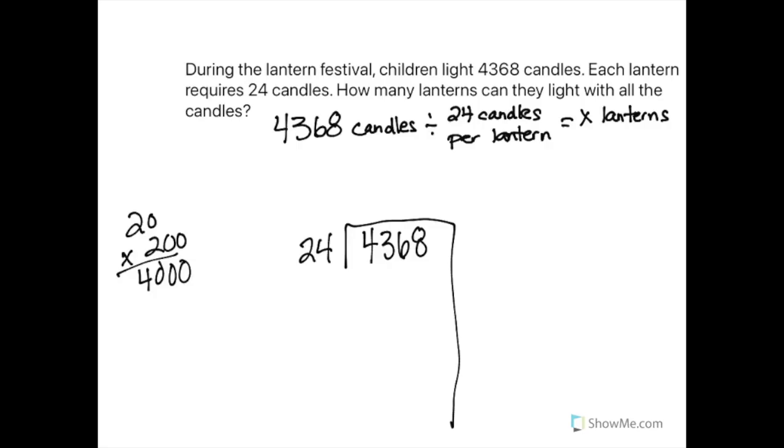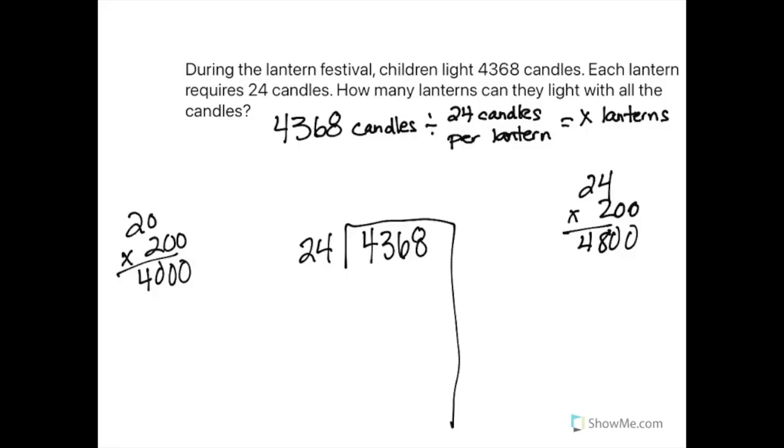If I added 2 zeros, that would be 4,000. So I'm going to try 24 times 2. And 4 times 2 is 8. 2 times 2 is 4. And I'm going to add a 0 here and a 0 here. And that is too much.